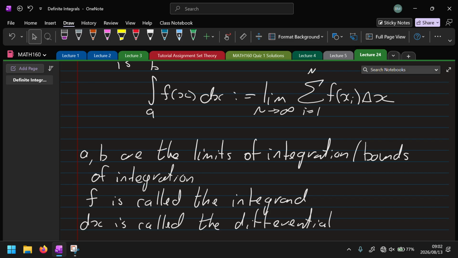So differential dx. The problem is a lot of you like Gemini and ChatGPT and so on. If you ask it differential and it thinks, oh, well, I don't know if you're a first year calculus student, let me give you this other stuff. There is something called a differential form or a differential one form. That will make you very, very scared.